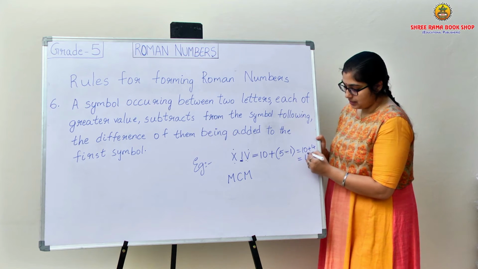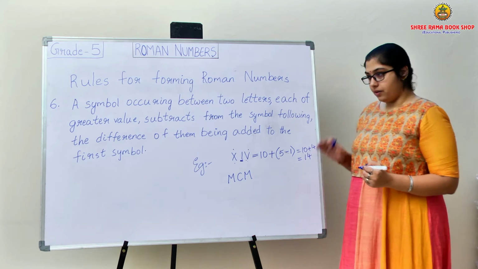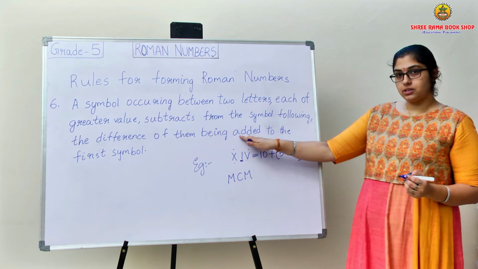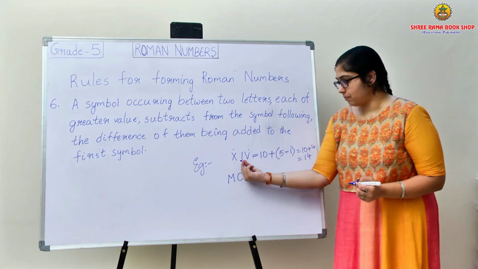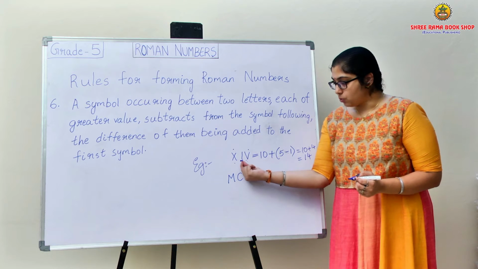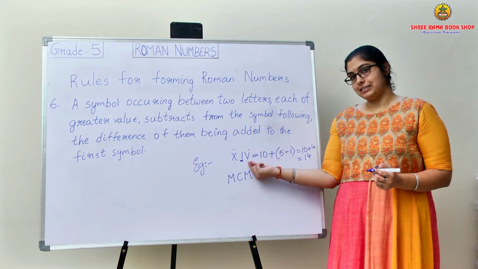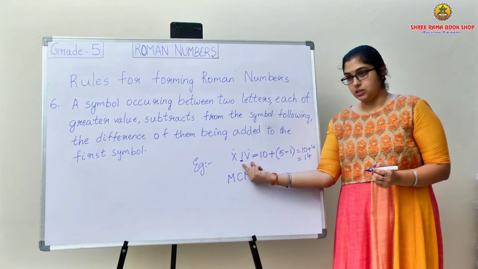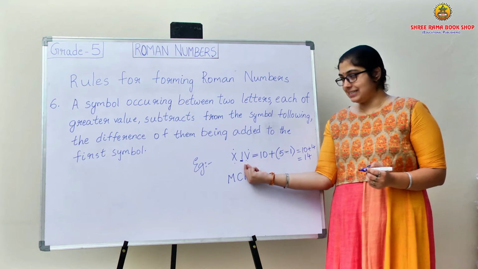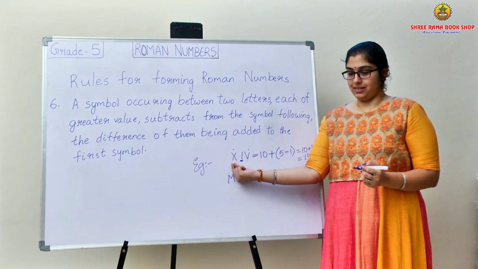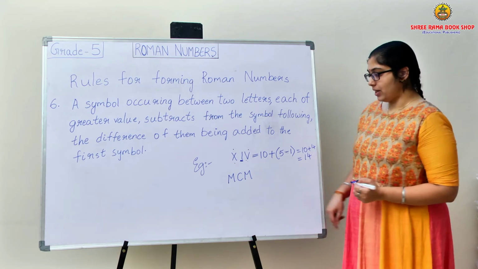So the value is 14. Right? Now did you understand what I am doing according to this rule? Two greater symbols with a smaller symbol in between, then the smaller symbol value is to be subtracted from the immediately following greater symbol value. Then the difference should be added to the first greater one. We will do one more example now.